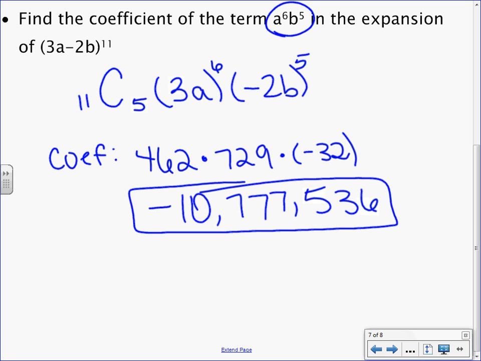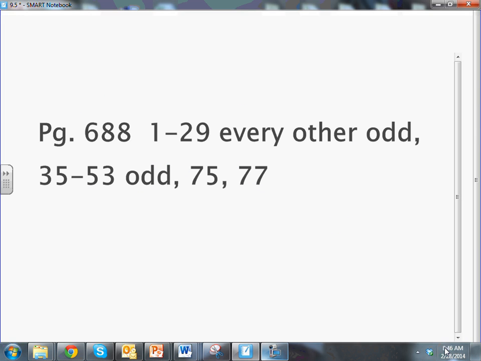Well, it's asking for the coefficient. So all I want is the number that would be in front of a to the 6th, b to the 5th. Okay? Any questions? Is this coming back? It's not that bad, is it? There you go.